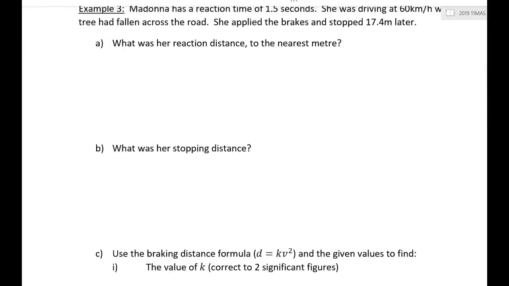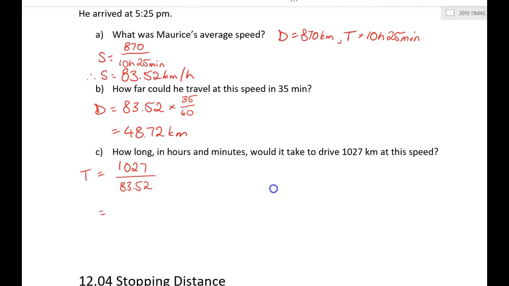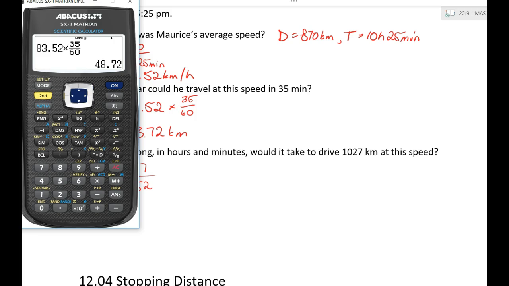Back to the calculator. I want 1,027 divided by 83.52, and there we go with a decimal.